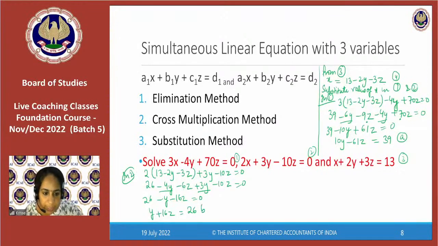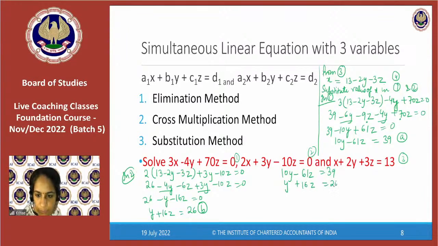That's my next equation. And since I have studied how to solve linear equations with 2 variables, I should be able to solve this linear equation of 2 variables as well. Use any of the methods whichever you find better or easier. So multiply this equation by 10.